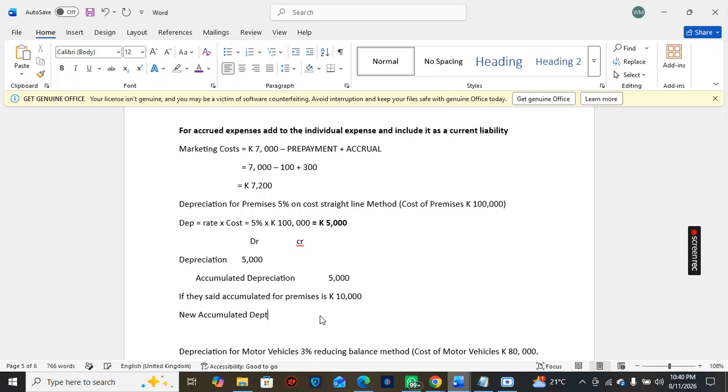Okay. So please remember this because you'll be dealing with both the balance sheet and the statement of profit or loss. So every time you calculate depreciation, add it to the existing.